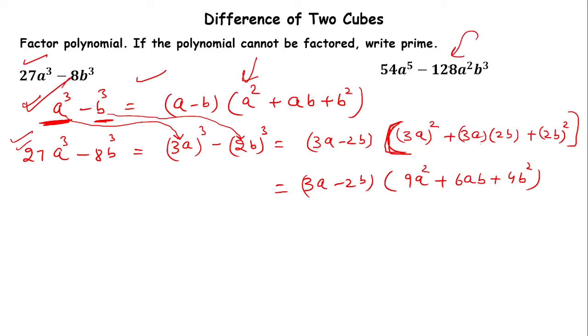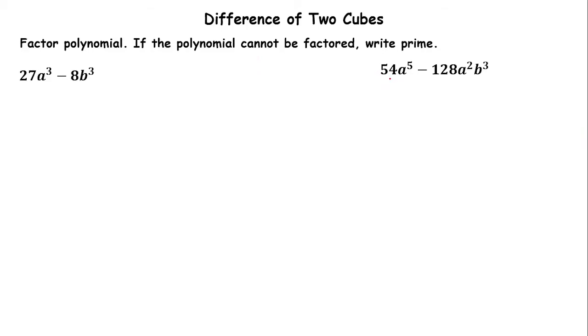This question I will not solve, I just give you a hint. What is common here? The common factor here and here is a square. What else? Think of this, come on. What is common in 54 and 128?